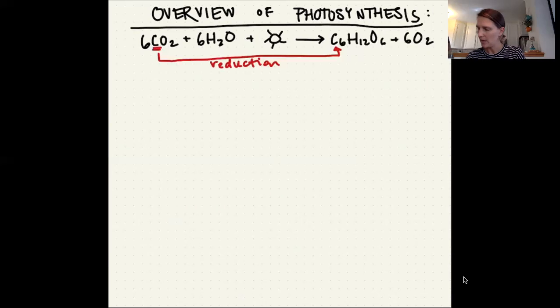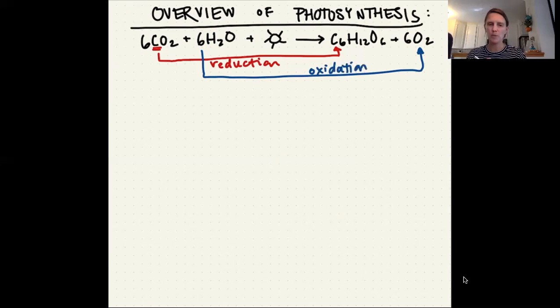If we look at the other, this water is going to turn into oxygen gas. So water is going to be split in the process of photosynthesis, giving off oxygen, and because we are removing an H, remember I always put an X through it, so that is oxidation, right? So these are redox reactions, oxidation and reductions, all right?